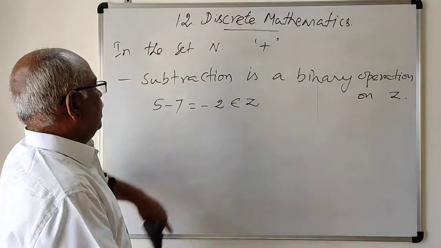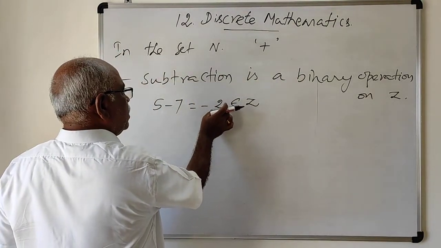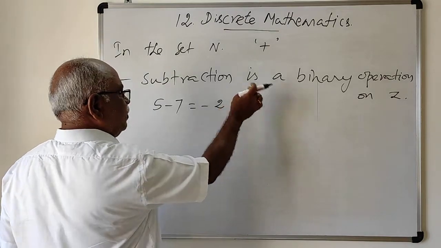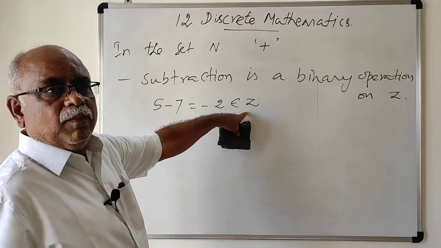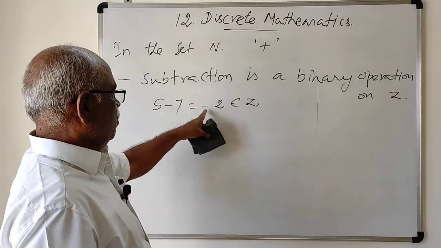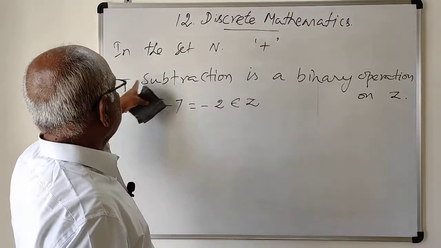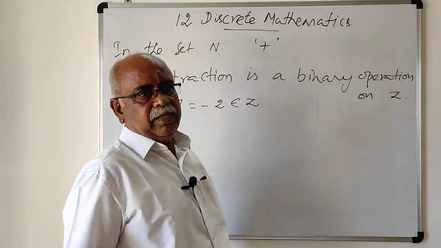But negative numbers are included in the set of integers. Positive numbers and negative numbers are the members of the set Z. Therefore, minus 2 belongs to Z, and therefore subtraction is a binary operation on Z.